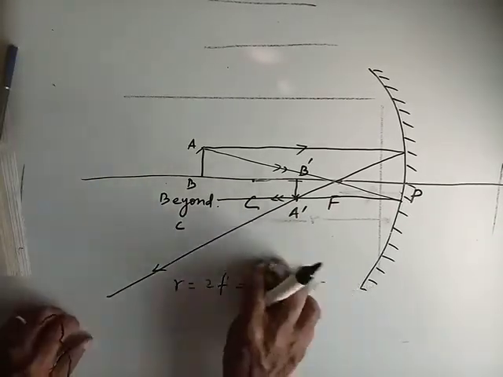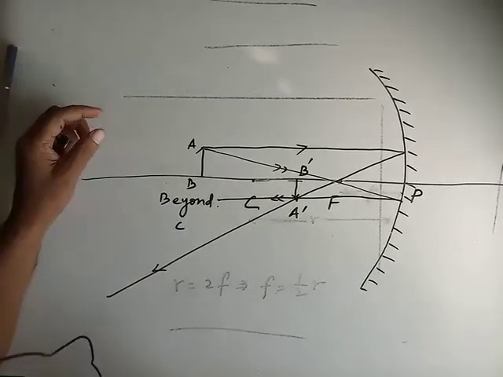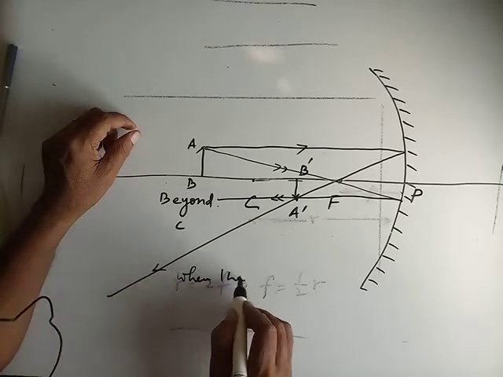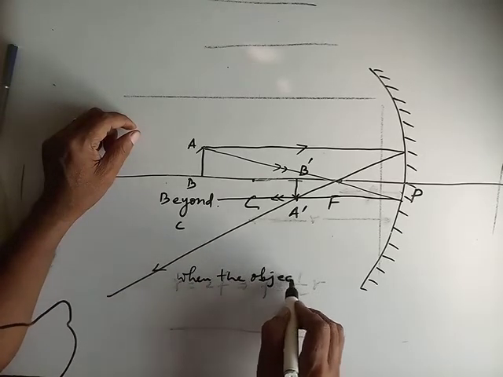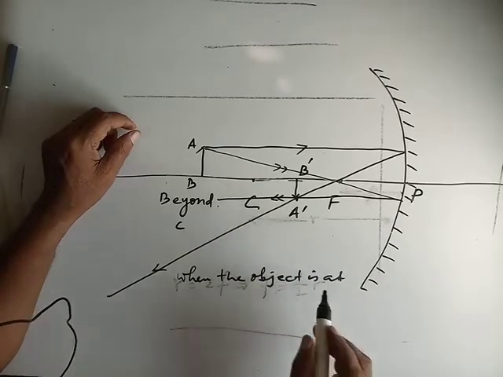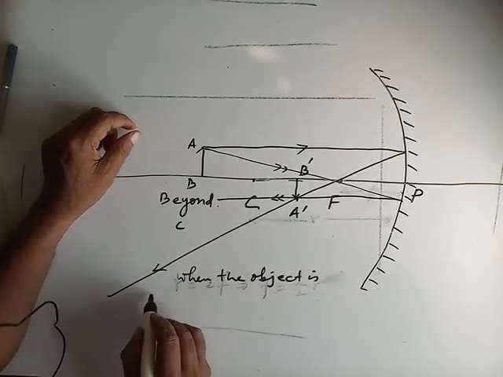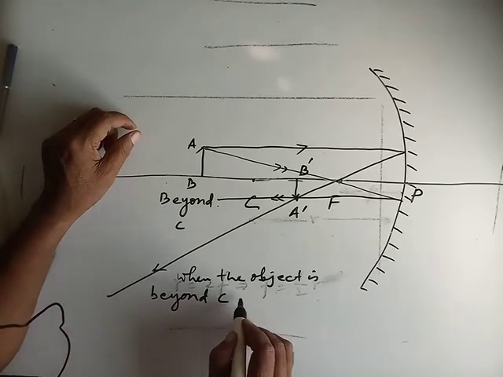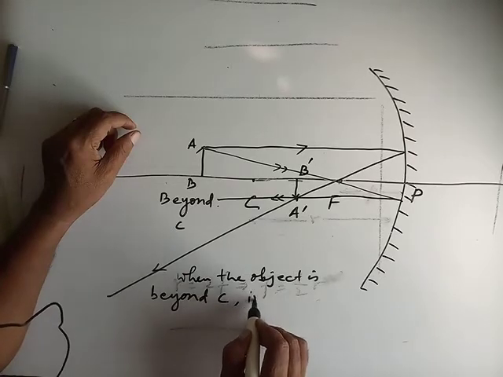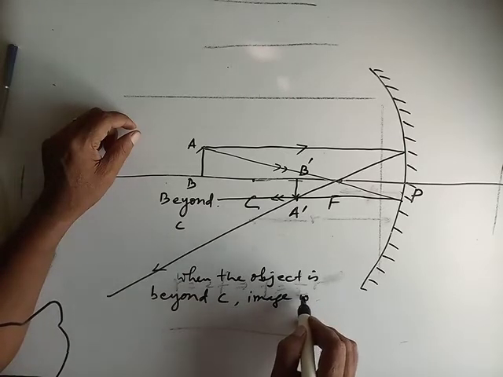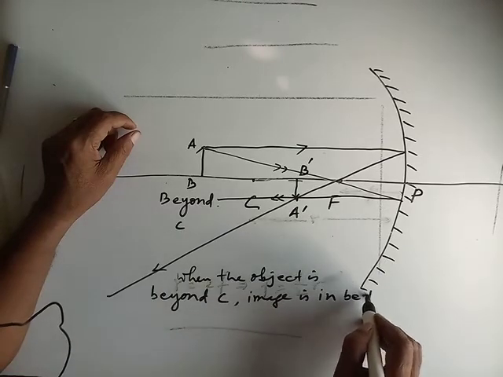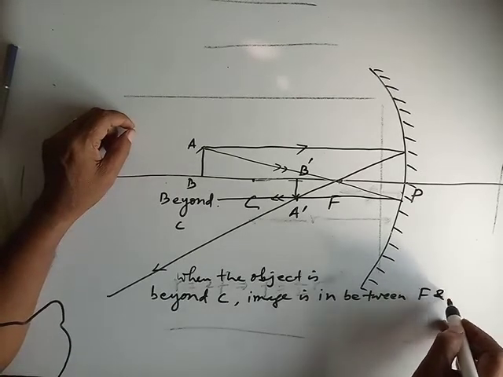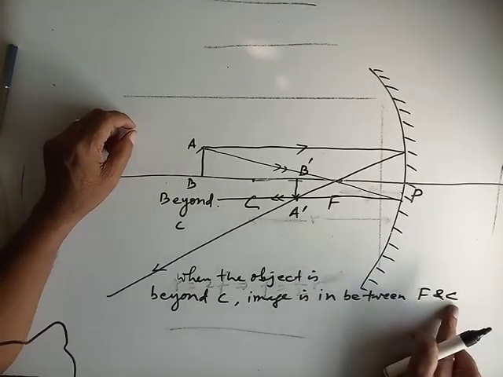In this case, what you see here is that when the object is beyond C, the image is in between F and C. F is focus and C the center of curvature.